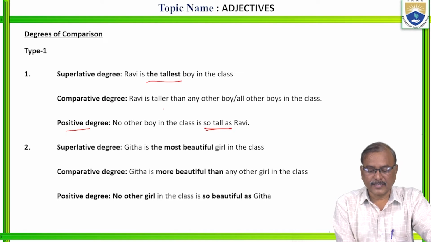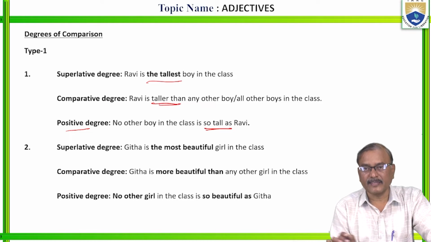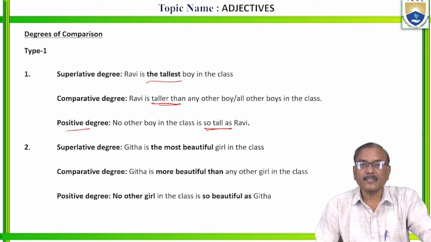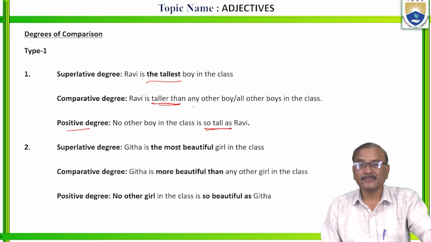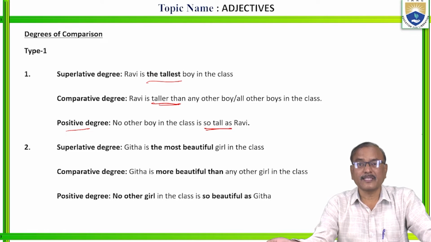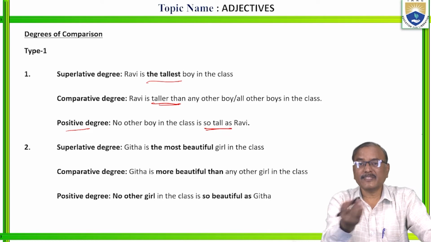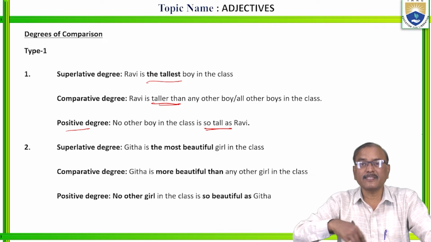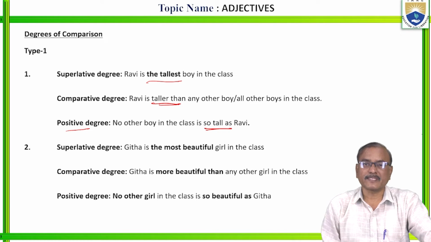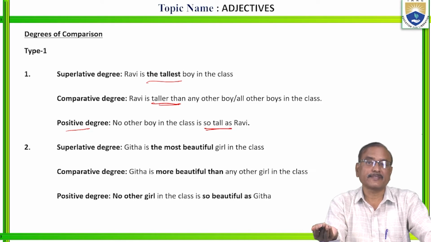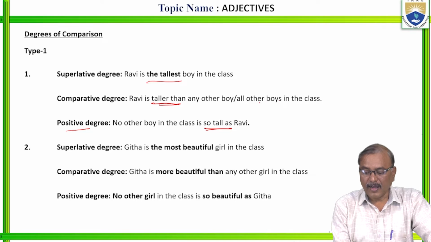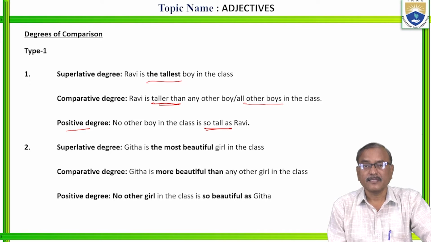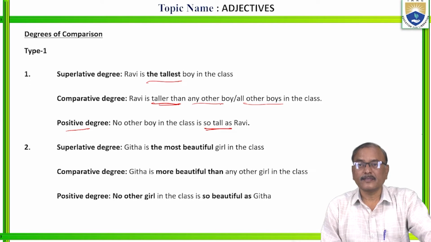And the comparative degree. In the comparative degree, we use "taller than." Ravi is taller than. With whom are we comparing? With all other boys in the class. Not with all boys. If you say all boys in the class, Ravi is also one person in that group. So don't say all boys, say all other boys. Ravi is taller than all other boys in the class, or any other boy in the class.